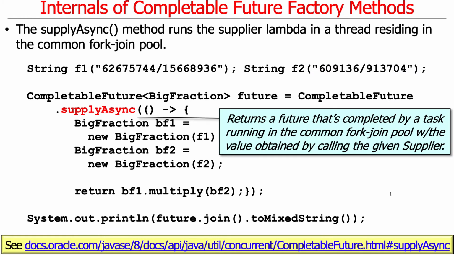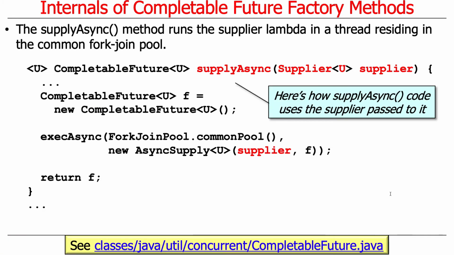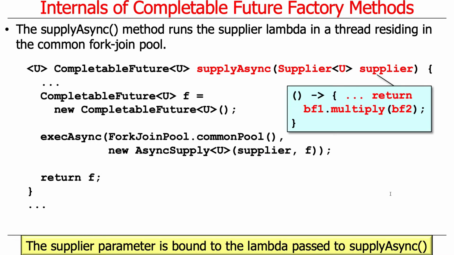So when this method is called, you can see supplyAsync takes the supplier that it's passed, and it's going to go ahead and do something with it. What it's going to do is first take the supplier that's been bound to it. So this is what we pass in.